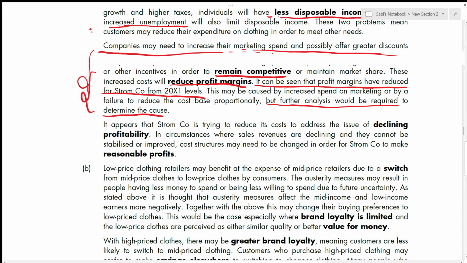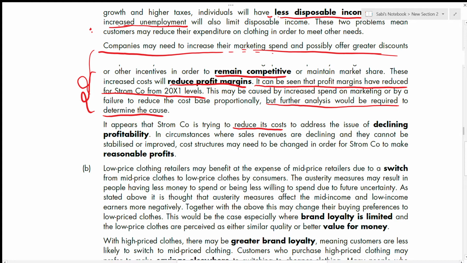Now the last paragraph says it appears the Strom company is trying to reduce its cost to address the issue of declining profitability. Yes, they are trying to reduce cost, because they are reducing the quality control, which is a high fixed cost. That's why you can say that they are reducing cost. In circumstances where sales revenue is declining and cannot be stabilized or improved, cost structures may need to be changed in order for Strom company to make reasonable profits.